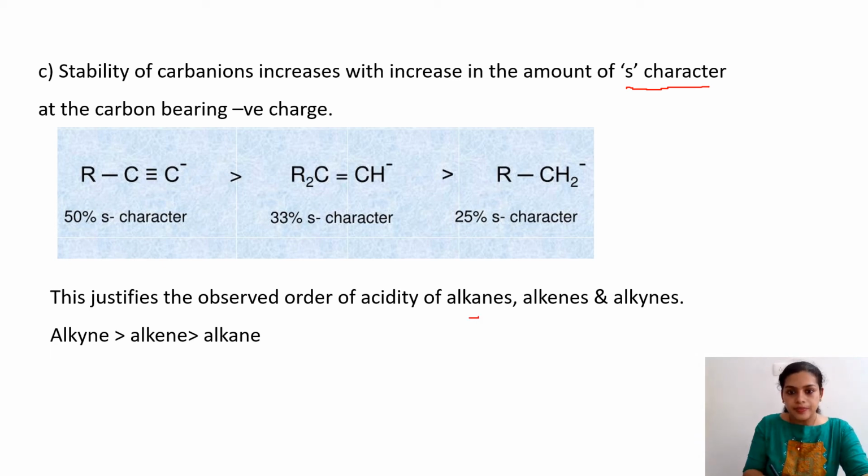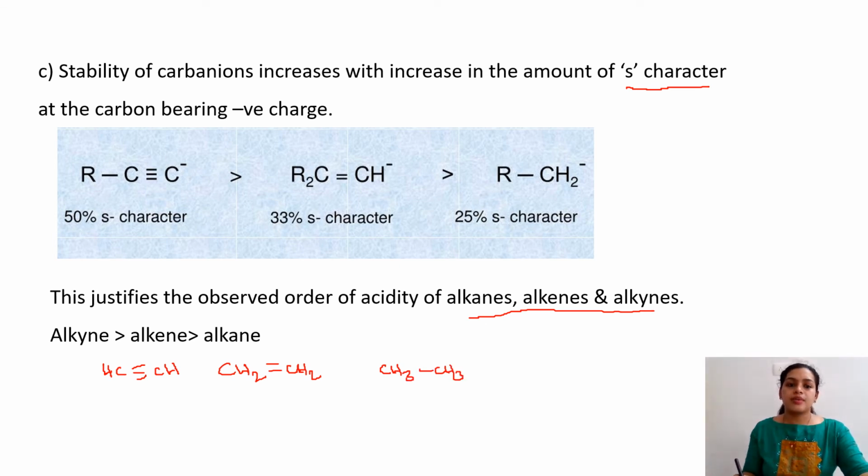This is to be noted. Okay, alkyne is more acidic than alkene, then comes alkane. For example, alkyne acetylene, CH triple bond CH. Alkene ethylene, CH2 double bond CH2. Alkane is CH3 CH3.